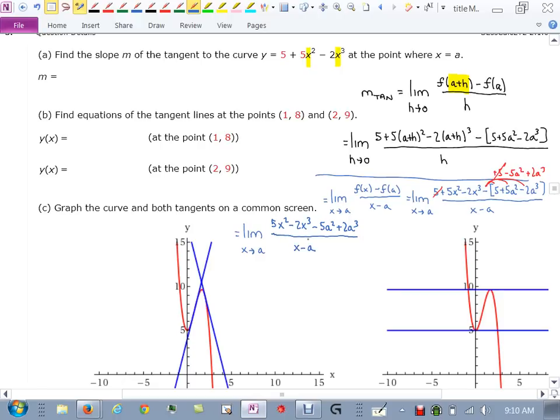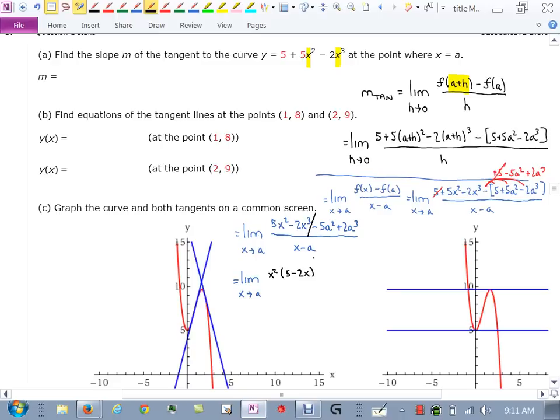So at this point, what I'm going to do is try and group some stuff together on the top and see if I can factor somehow. Because I have 4 terms up here, let me attempt factoring by grouping. I'm going to split the 4 terms, and pull a GCF out of the first 2. In the first 2, I can pull out an x squared, and I'll be left with 5 minus 2x.